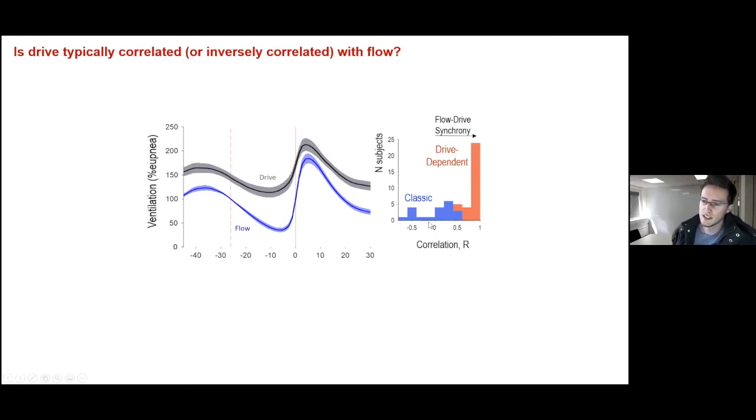But overall, the correlation was quite strong. This is the correlation coefficient for all of those different sub-50 patients we had. And there are a lot of patients with very strong correlations between drive and flow. And on average, this value was 75%. So flow actually normally falls in parallel with a loss of drive during respiratory events in obstructive sleep apnea, which is a surprise to us.